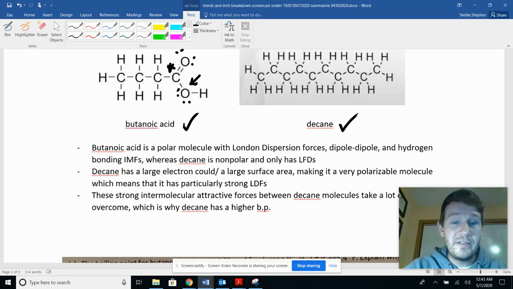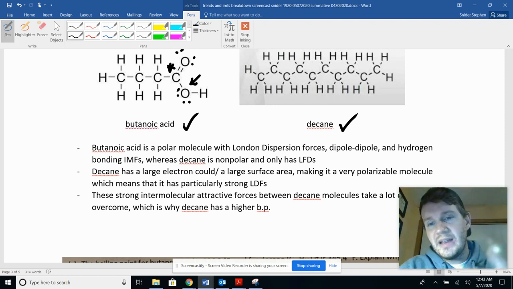So for butanoic acid, if we go back to the structure, that is a polar molecule. That carboxyl group on the right side of the molecule is super polar. Obviously, every single molecule has London dispersion forces. The fact that we have this polar group is going to make it a polar molecule, so we have an area that's partially negative and partially positive.